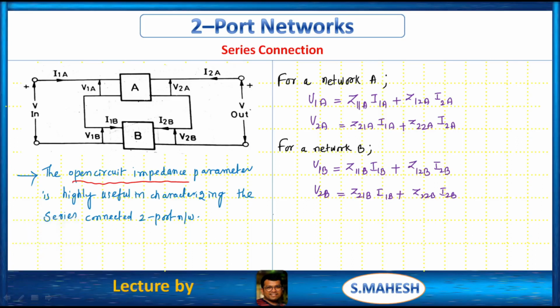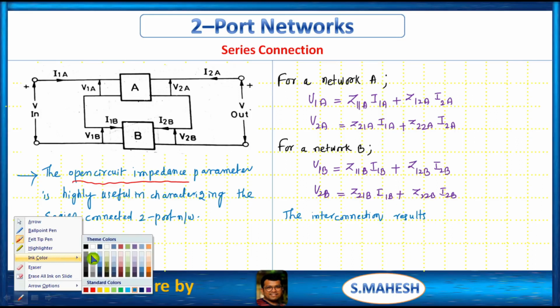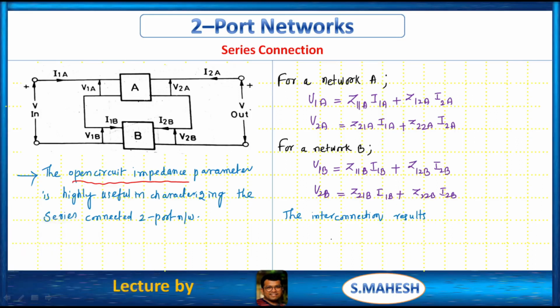What about currents? The interconnection results in the current in each branch, that is I1 equals I1A equals I1B, and I2 equals I2A equals I2B.